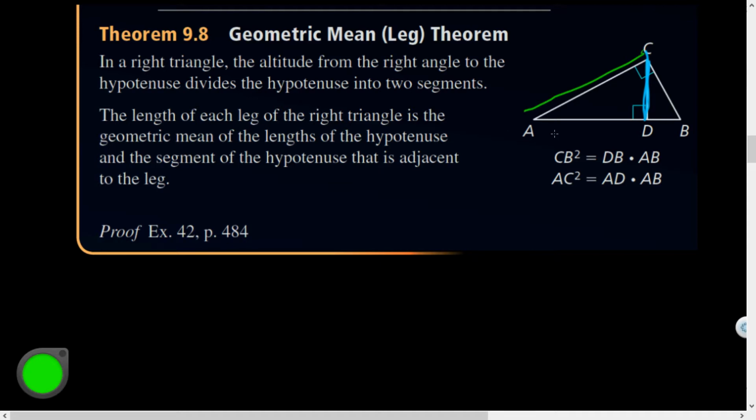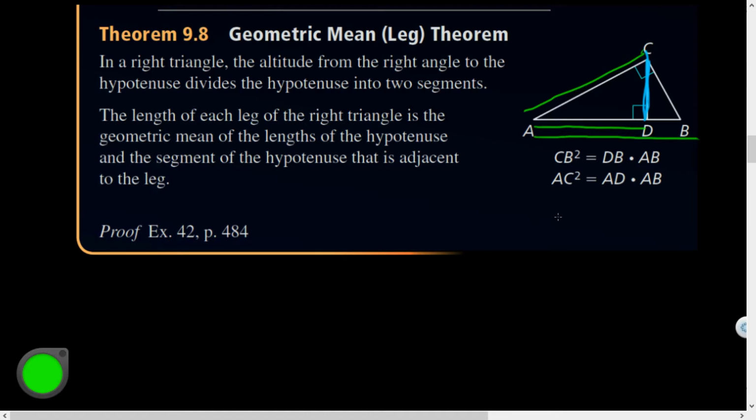AC compared to the entire length, all right, and this length. Okay, so the length of the leg in the right triangle is AC. It is the geometric mean of the lengths of the hypotenuse, AB, and the segment of the hypotenuse that is adjacent to the leg, right? Because these two connect at A. So this would not be the one that I would consider for that.